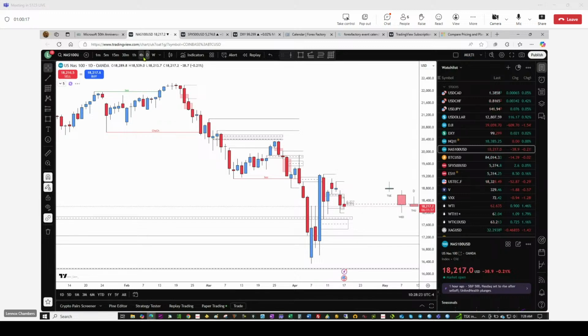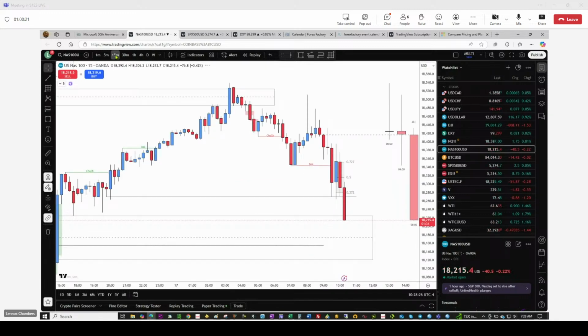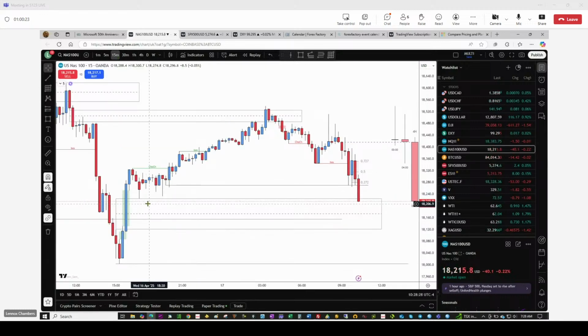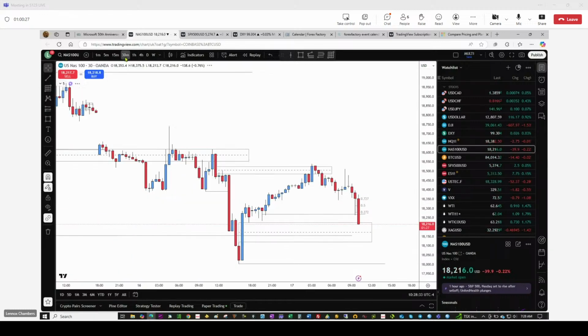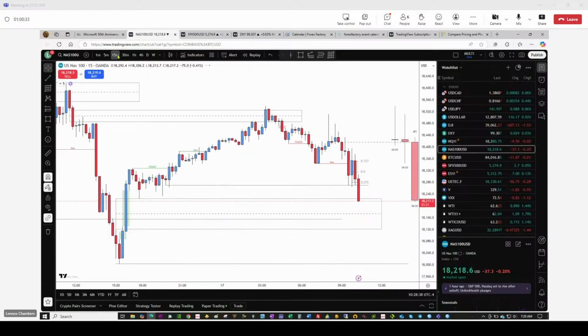Can't even tell what that is. So let's go back down to 15. It's a 15-minute gap. Actually, maybe it's a 30. Yeah, it's a 30-minute gap that I had marked off. There's a 15-minute gap as well, partially taken out. So that's where we're coming into.